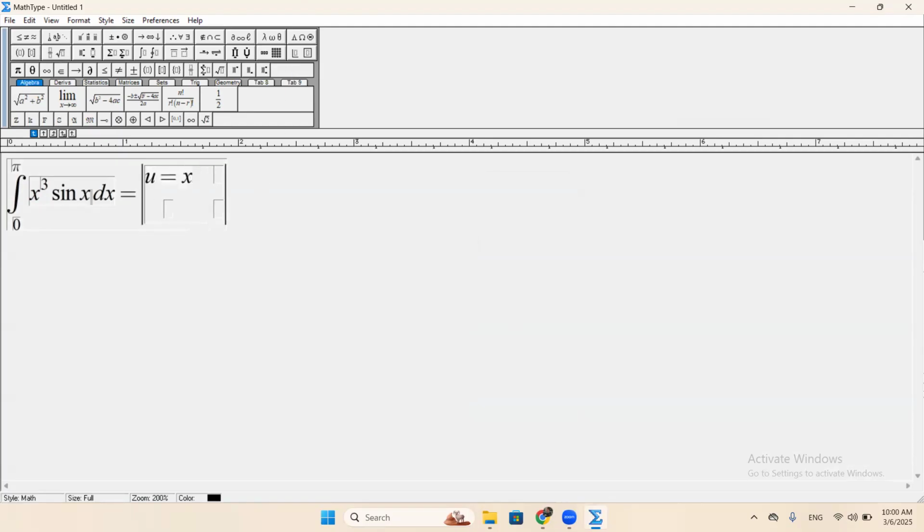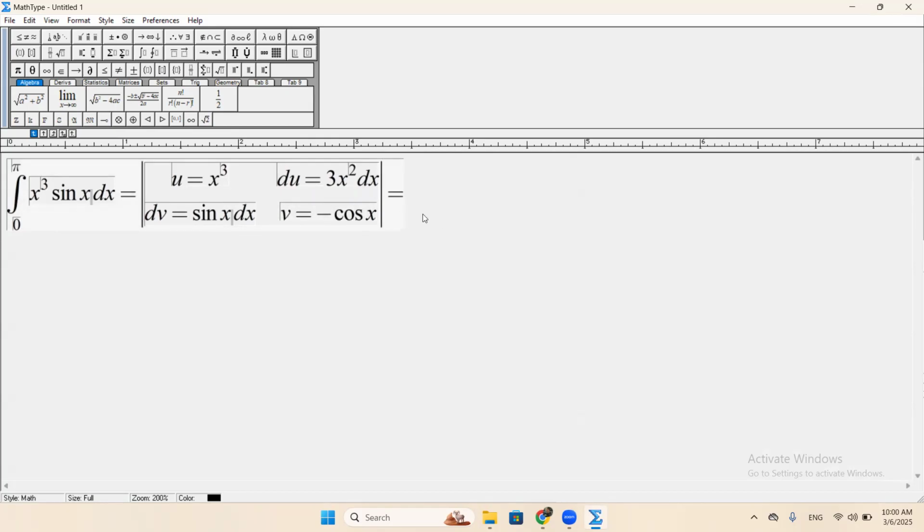So u equals x in power of 3, du equals 3x in power of 2 dx, dv equals sine of x dx, so v equals minus cosine of x.